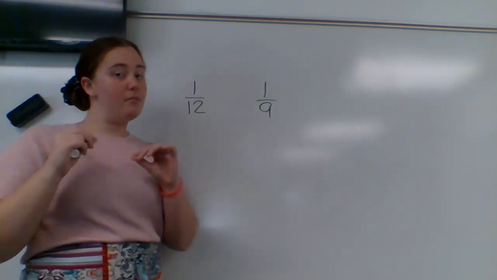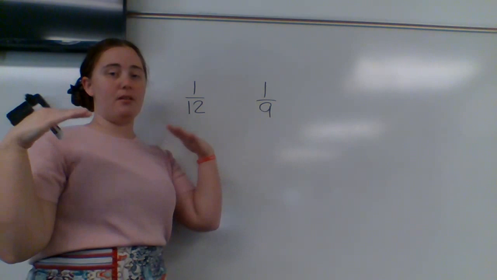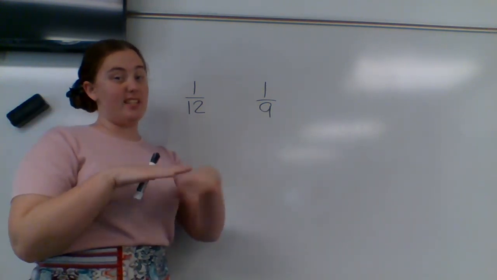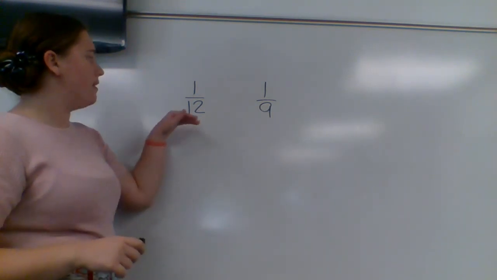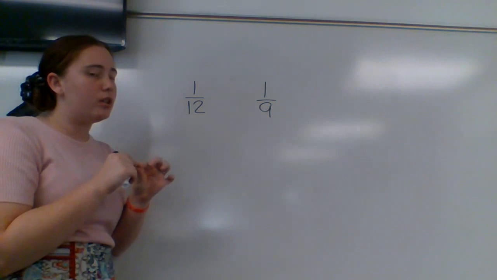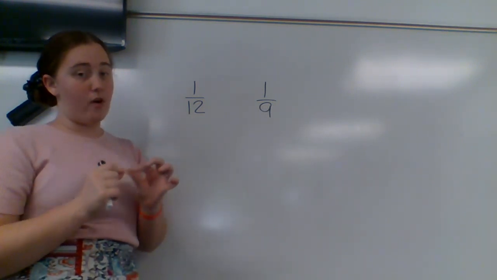If the top number is the same, then it works one way, and if the bottom number is the same, then it's the opposite. So if the bottom number is the same, the smaller the number, the bigger the fraction.